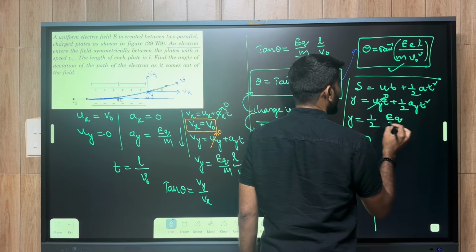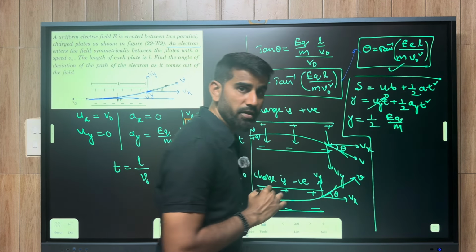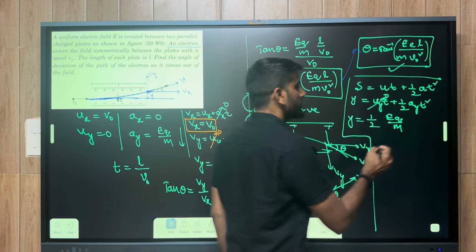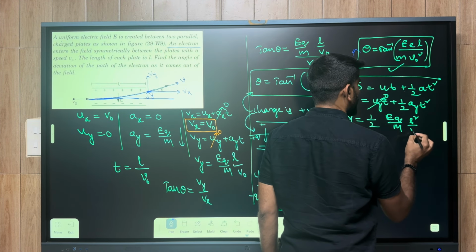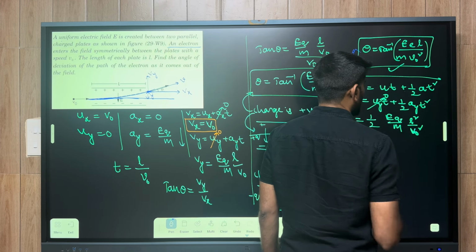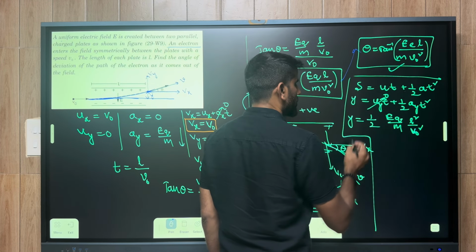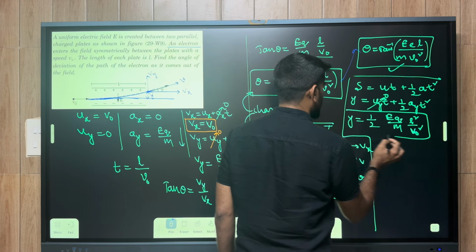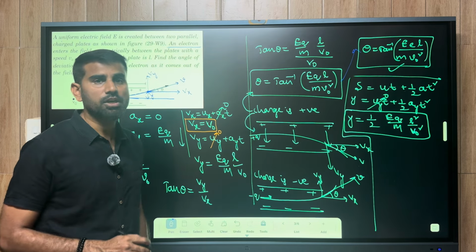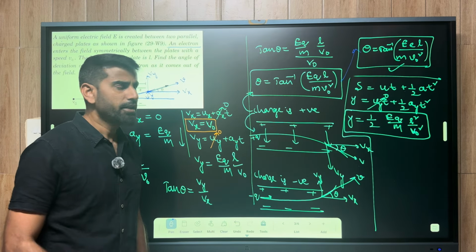Eq by m, and t is how much? t is L by v naught. That means we have L square by v naught square. This is the general equation for the vertical displacement, right?